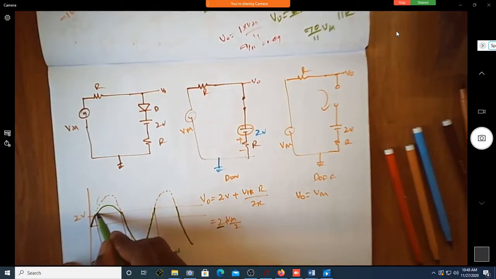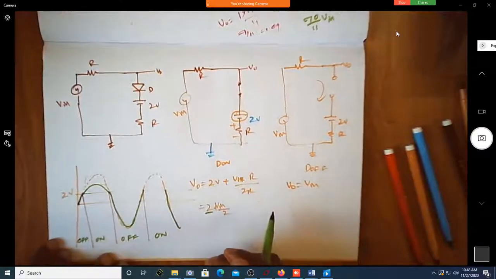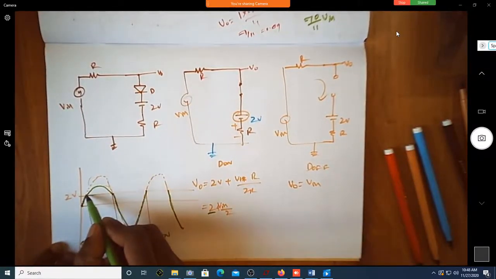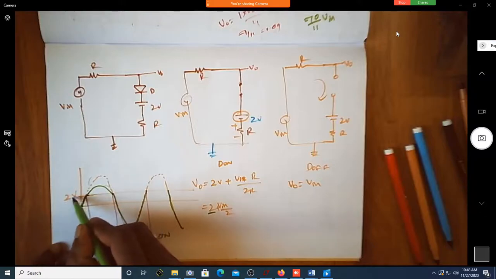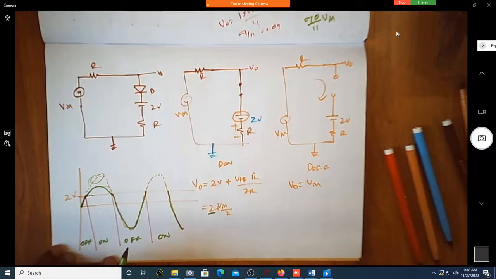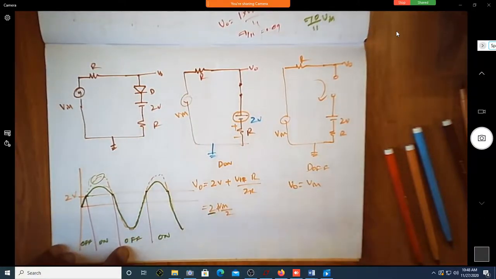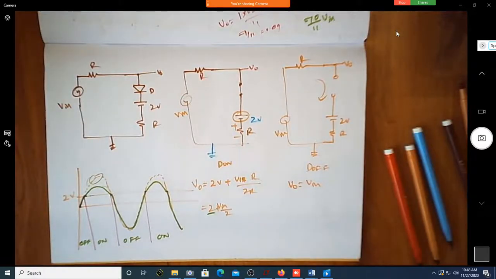You can see whatever shape I am writing is half of the input, because you are already at 2 volts, so on top of that you are putting half of it. So over here, same thing. Done? Yes, sir.